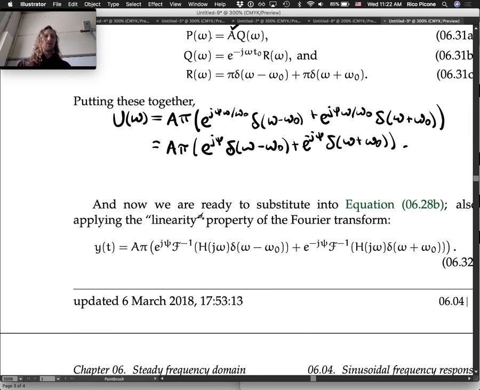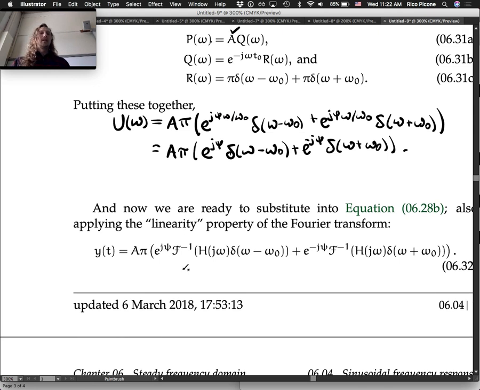And we pulled out things that are not functions of the frequency. We're going to integrate. Remember, the inverse Fourier transform is an integral over the frequency, omega. So if it's not a function of the frequency, we can just pull it right out. So that's what we did.